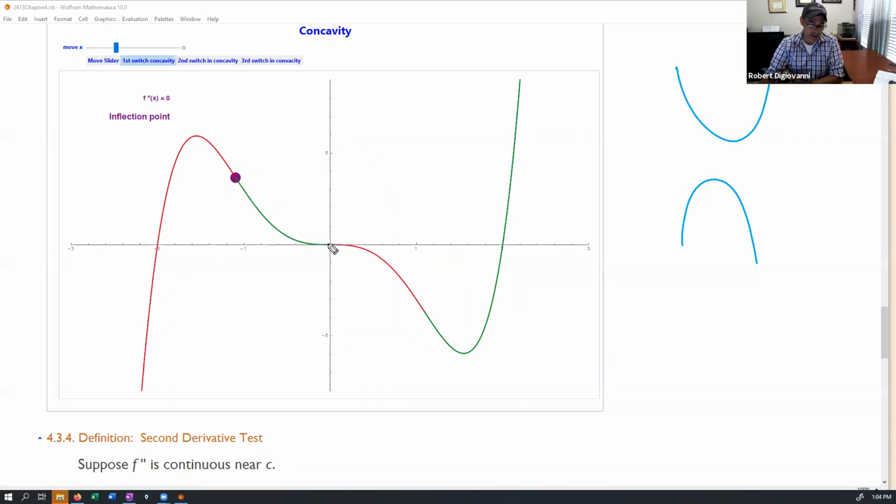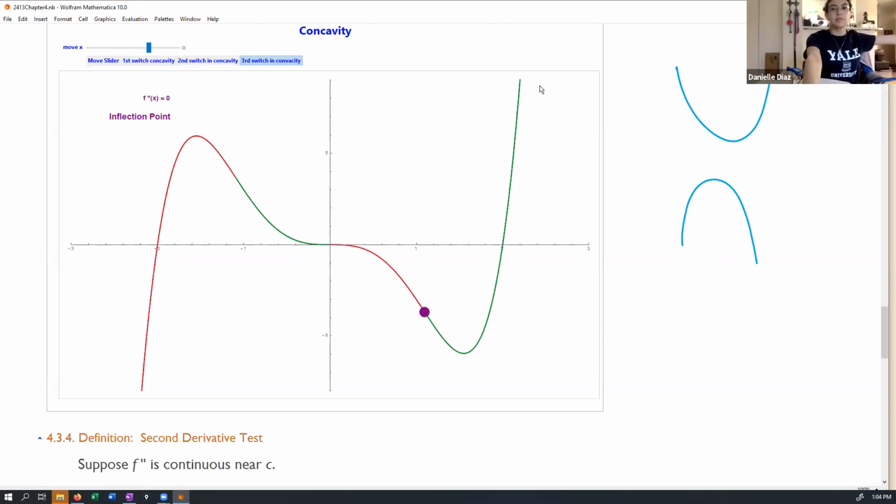And then it switches at this point, and now it becomes a frown again until you get to about right here, where you switch again and it starts to look like a smile again. So we have frown, turns into smile, turns into frown, turns into smile. Do y'all see that?